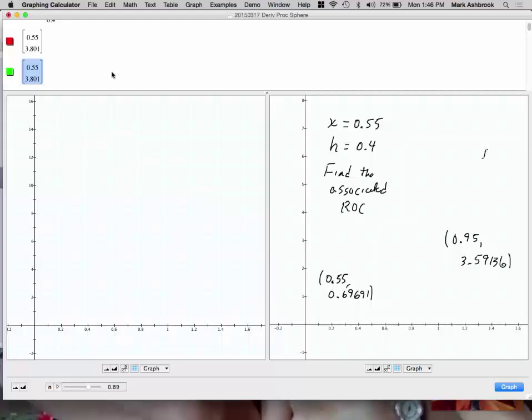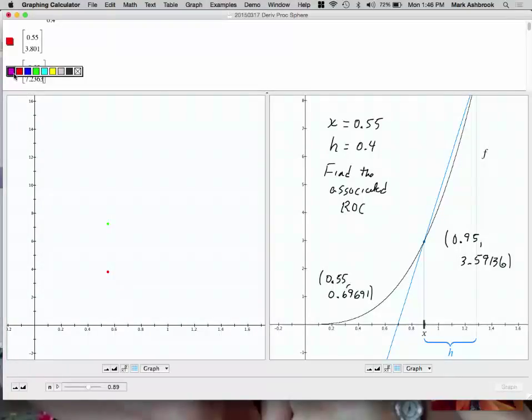That at 0.55 we got a rate of change of what? 7.236? Oh, let's just make it blue. Blue to match the blue.